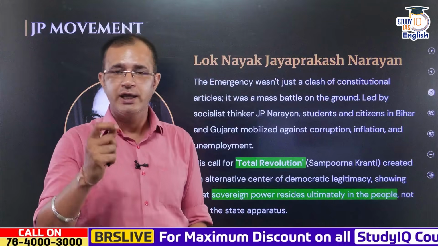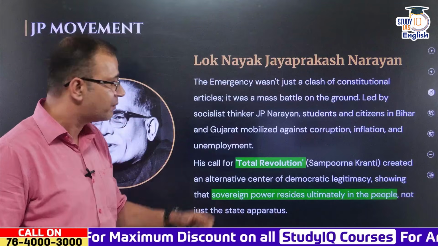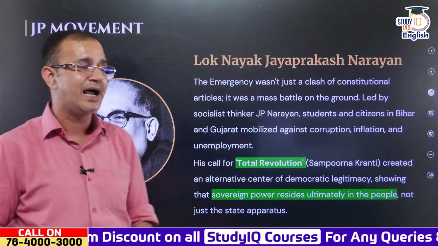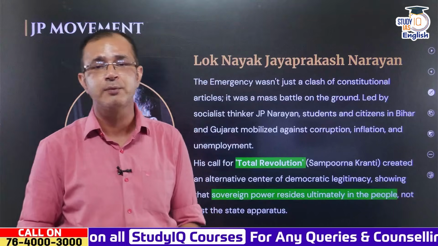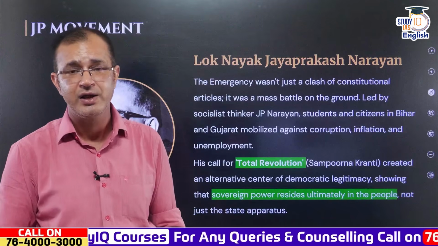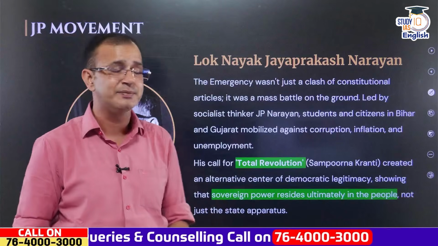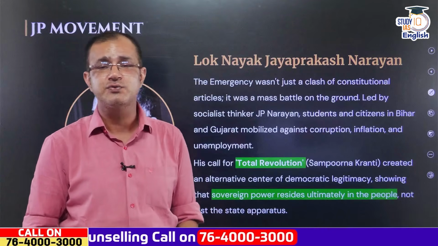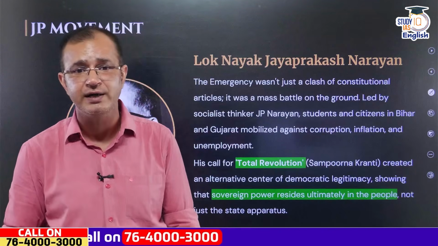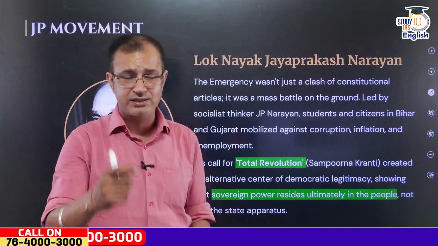He called for total revolution, Sampurna Kranti, and that created an alternative center for democratic legitimacy. It also showed that sovereign power resides ultimately in the people, that is, popular sovereignty.